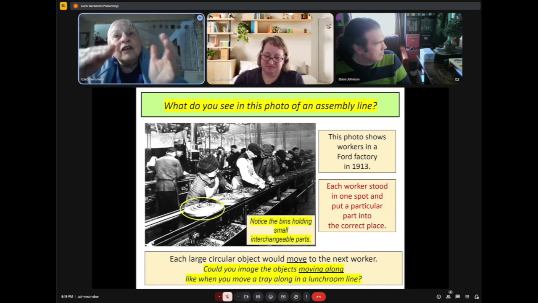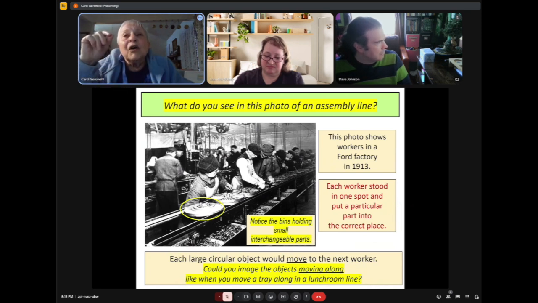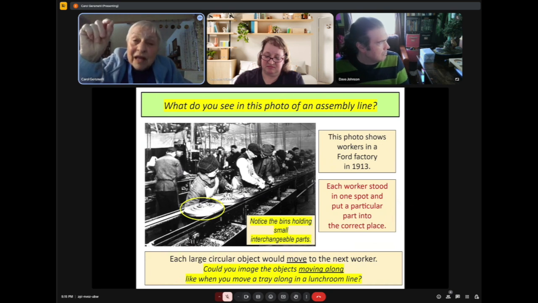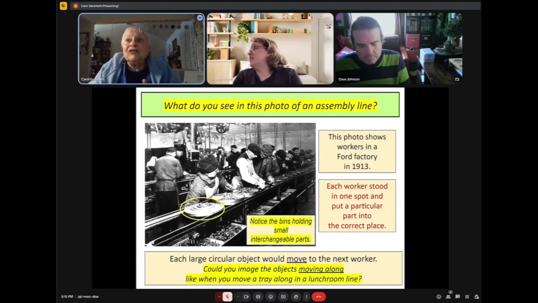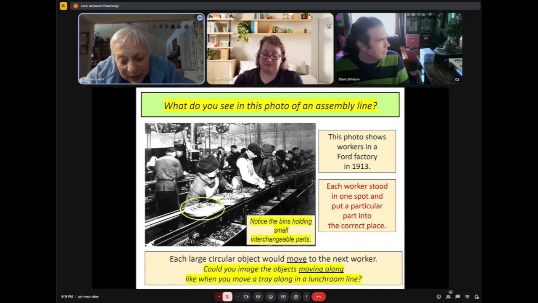As the round thing goes down the line, the next worker adds his particular part. So we have to kind of imagine. Pretty soon you'll be able to look at a video of an assembly line, but these are some still pictures of a workstation.